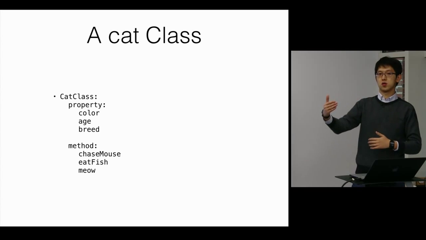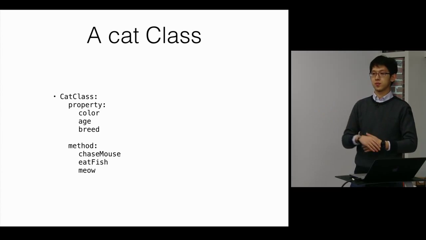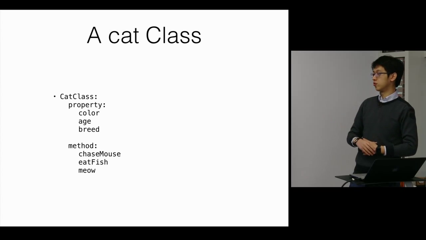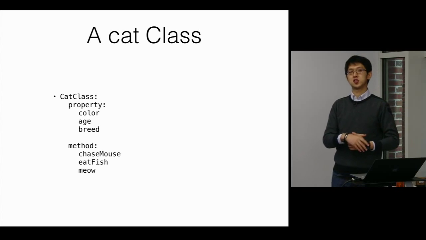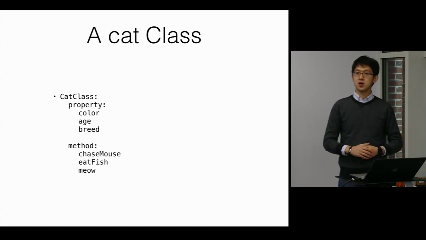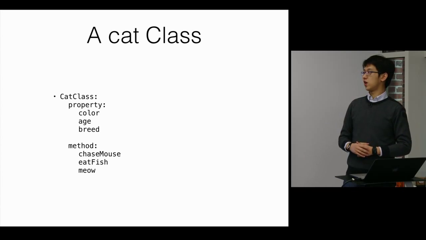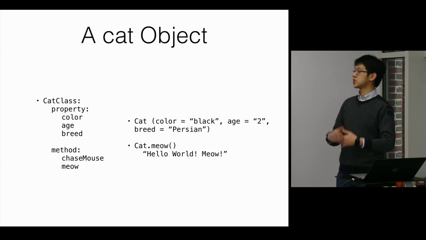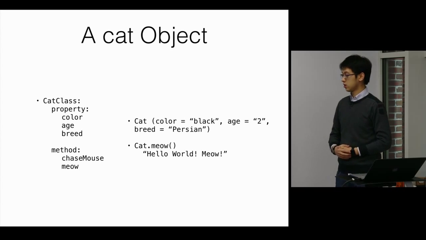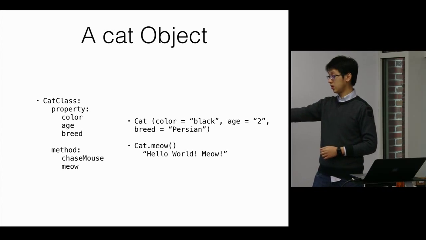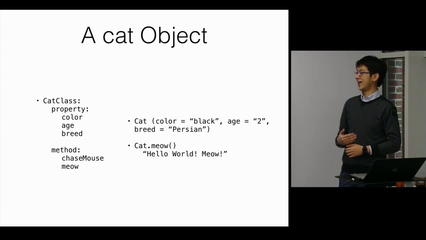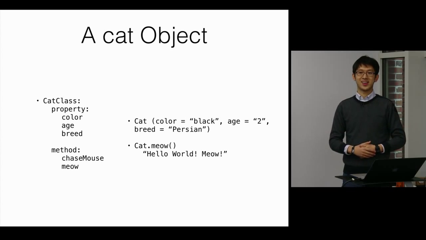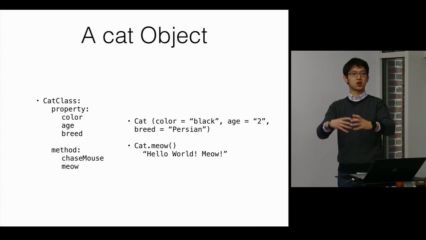What kind of methods, or what can a cat do? Some quick examples will be chase mouse, eat fish, or just meow. This is a really quick example of a cat class. And a really specific cat object will be a cat where we specify the color, the age, and breed. In that case, an object is no longer a class anymore.